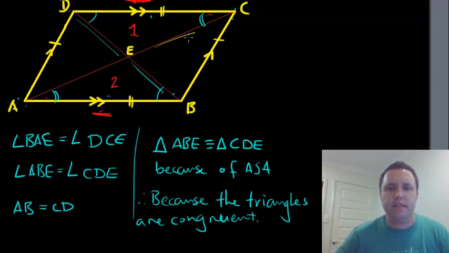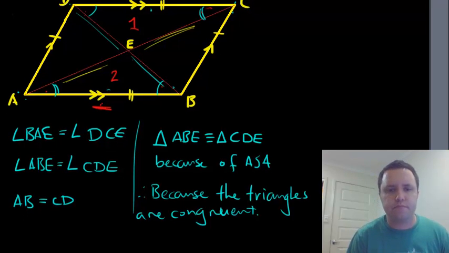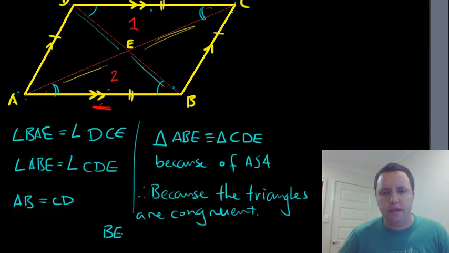And this length here needs to be the same as this, because they are corresponding sides of our congruent triangles. So therefore, BE is the same as DE, and AE is the same as CE.